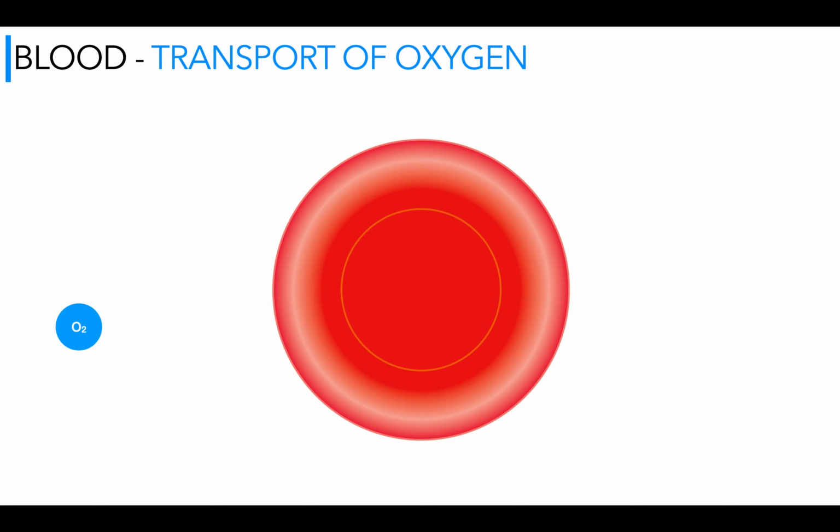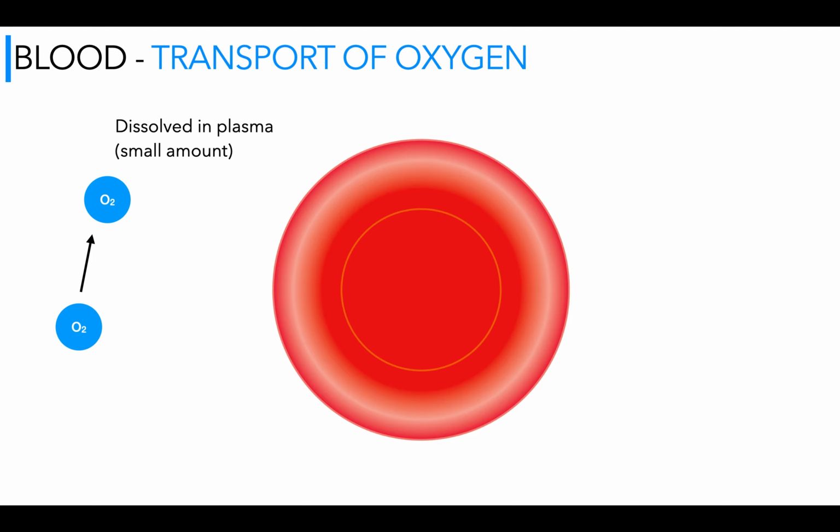So here we have some oxygen, and oxygen can be transported in two ways. The first way is dissolved within blood plasma, but it's a very small amount. These amounts can differ, around 3%.